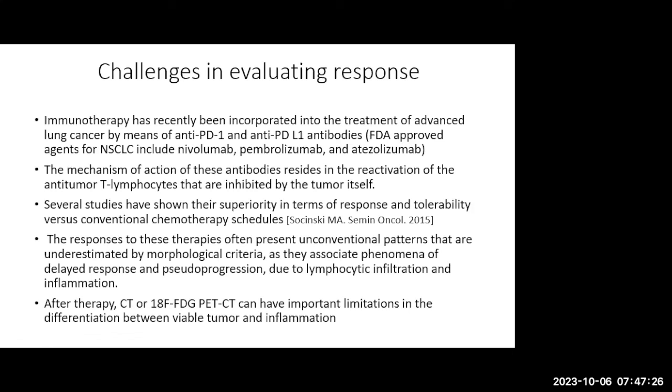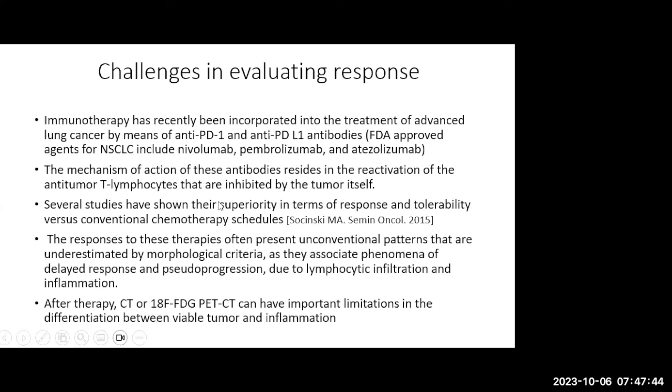So basically, as I mentioned, immunotherapy has been incorporated recently to treat advanced lung cancer. And the way those work is by means of anti-PD-1 and anti-PD-L1 antibodies. And there are several that have been approved.